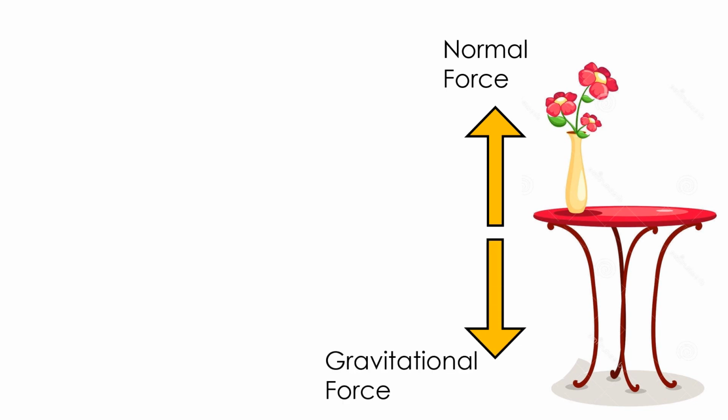Let us go back again to Activity 1. The vase on top of the table. The vase stays at rest because it has a normal force of 5 units and a gravitational force of 5 units as well. Using the GRESA method, let us find out what will be the net force of the vase. Given: normal force is equal to 5 units.